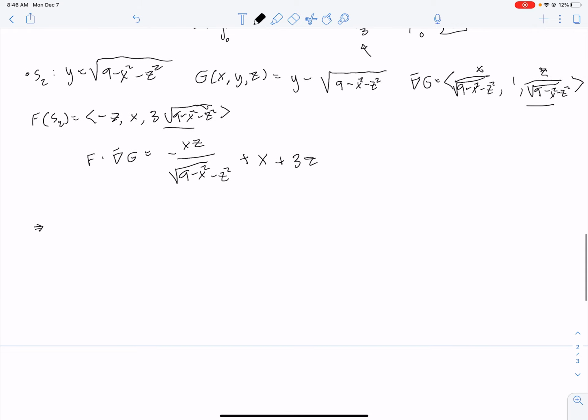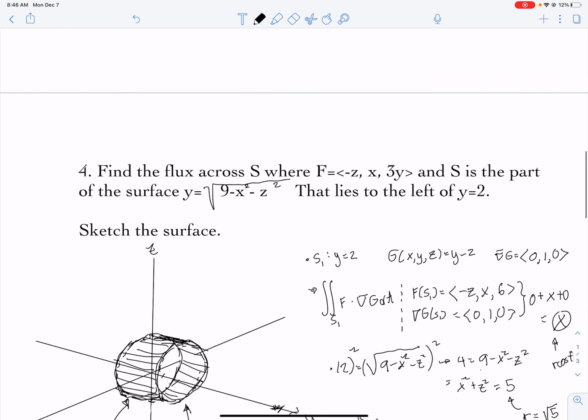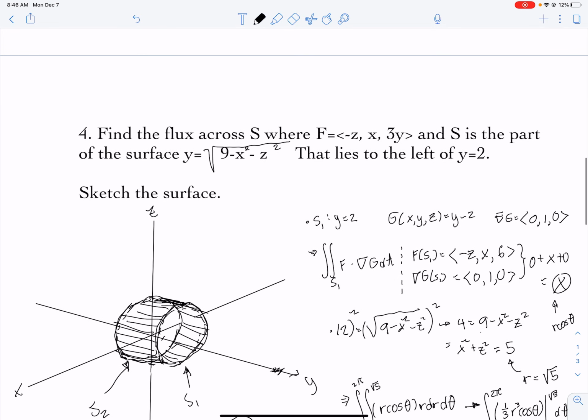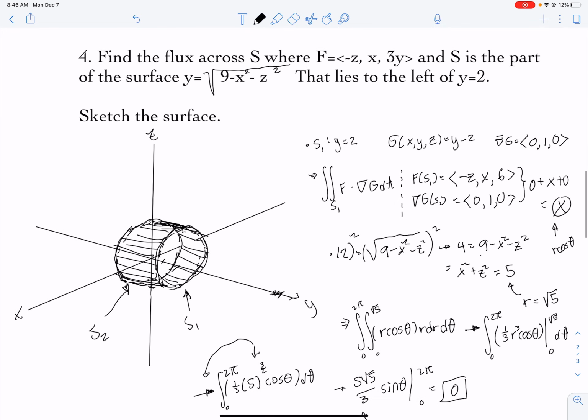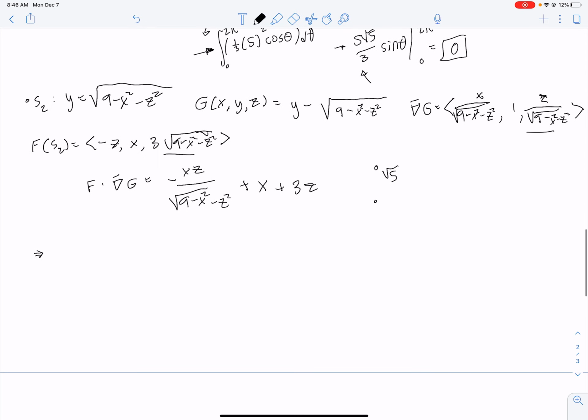Oh, and we should know the bounds too. So in this case, you would go from our square root of 5 that we found previously to, we just have y equals the square root of 9 minus x squared minus z squared.